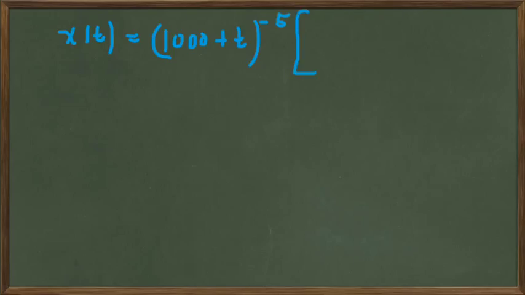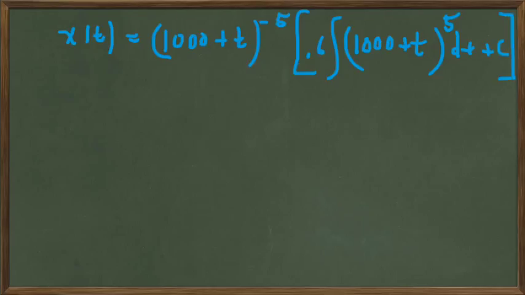The q of t is 0.6, a constant, and then we're integrating 1,000 plus t to the 5th dt plus c, and we're going to distribute the integrating factor across that bracket once we integrate.